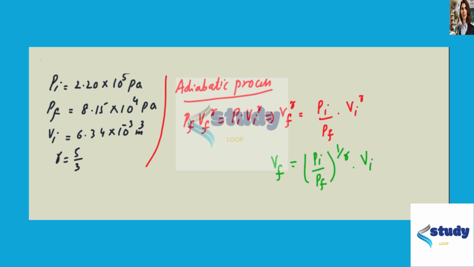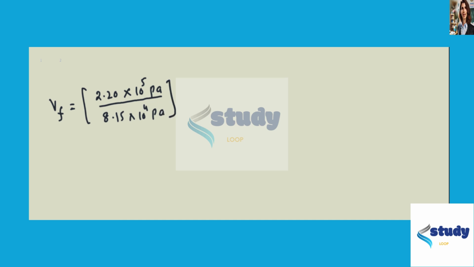initial volume. Now by plugging different values in the relation, final volume equal to, here initial pressure is 2.20 times 10 to the power 5 Pascal upon final pressure is 8.15 times 10 to the power 4 Pascal whole to the power 1 upon gamma.